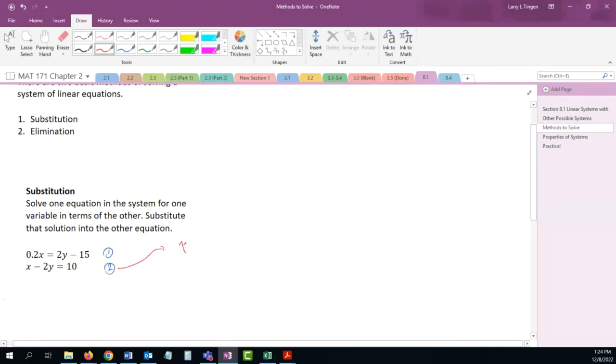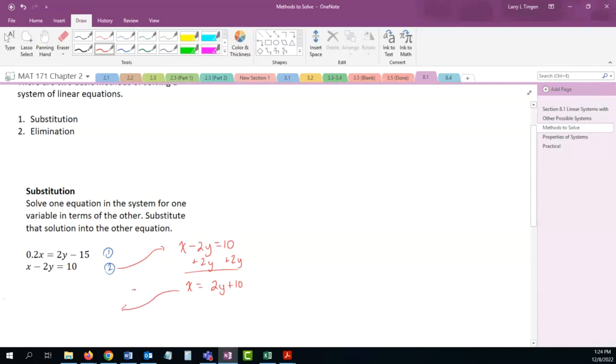So equation 2 is x minus 2y is equal to 10. I can get x by itself by just adding 2y to both sides. And now I have x is equal to 2y plus 10, or 10 plus 2y, both are the same thing.